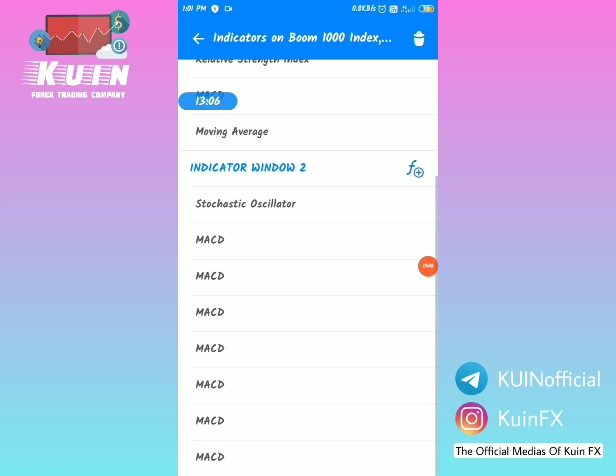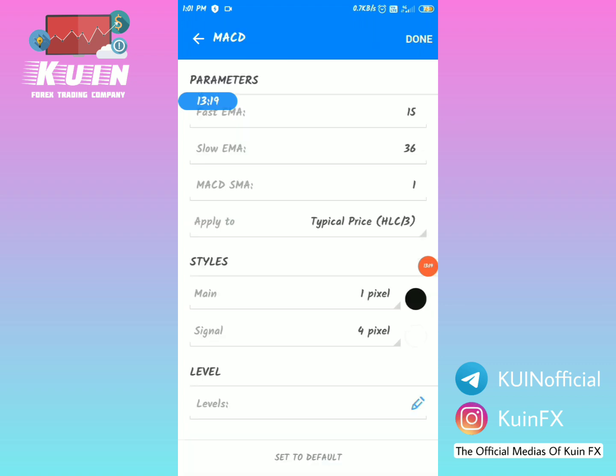Now we go to our last MACD. This is very important. In the last MACD we have fast EMA is 15, slow EMA is 36, MACD SMA is 1.